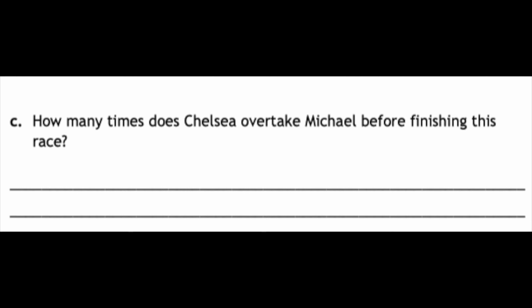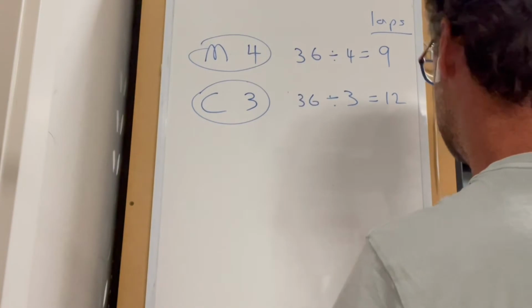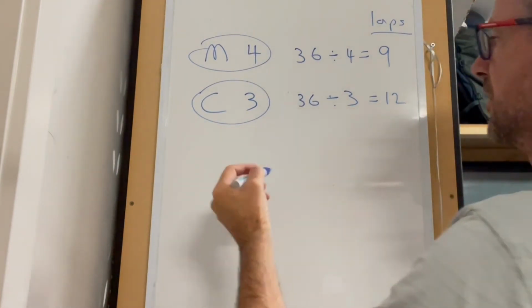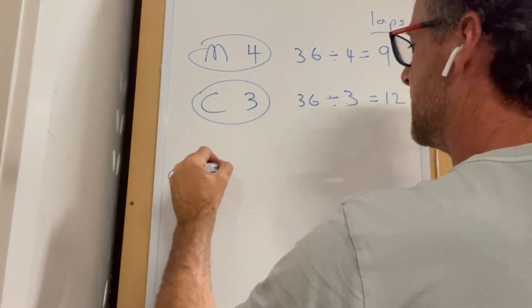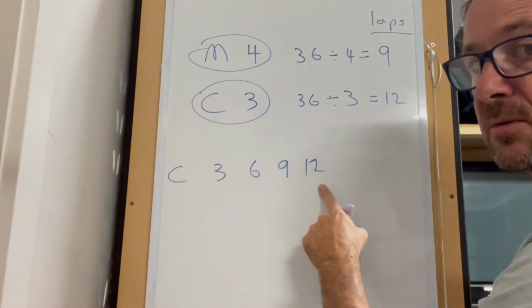And then finally it asks Chelsea is going to overtake Michael, okay? So how many times does that occur, okay? So this then goes back to our multiples type scenario. So Chelsea's going to be 3, 6, 9, 12, okay? Now we know that's a multiple, okay?